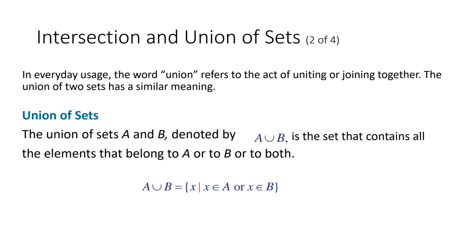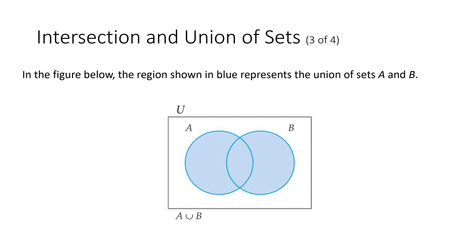And this is the set of all elements that belong to A or belong to B or to both. The way that I remember this is the word union, you can think about a sum, uniting things together, combining things. So you've got to do that union, that sum, that combination.